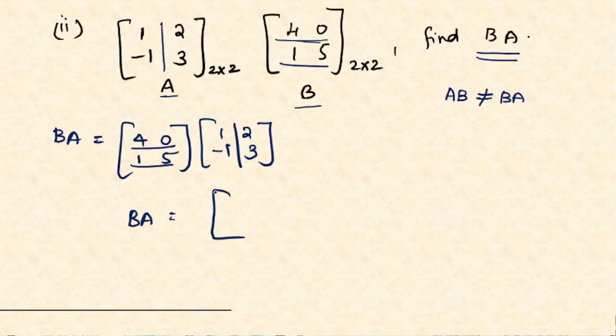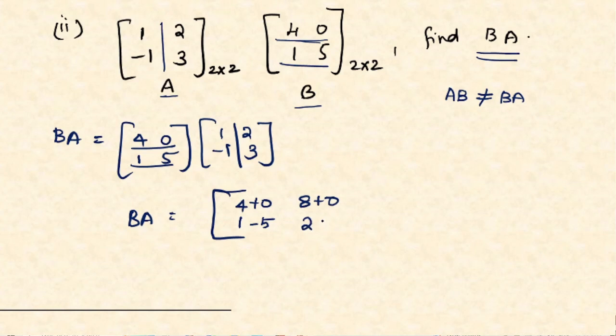Now what are you going to get? 4 ones are 4, 4 ones are 4, then 4 zeros are 0 plus 0, then 4 twos are 8 plus 0 threes are again 0, 1 ones are 1, 1 fives are minus 5, because minus 1 into 5 is minus 5, then 1 twos are 2, 5 threes are 15 plus 15.